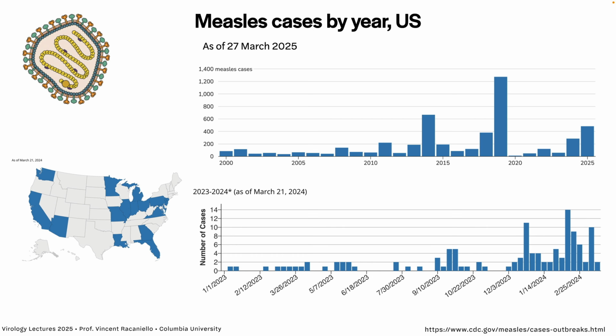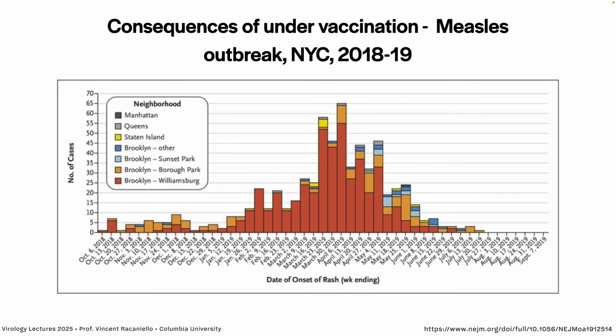And this is a little more granular view, 2023 to 2024. So we have cases. Now these are few cases. But you can see in some years we have over 1,000 cases. We have over 400 so far this year, which exceeds last year. And I'm sure we're going to go over 1,000 cases, and we're going to have multiple kids die. This is totally unacceptable, folks.